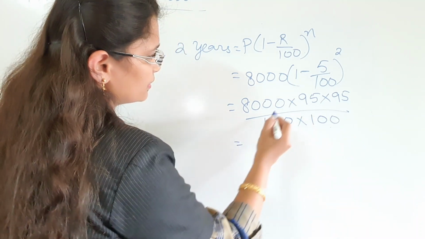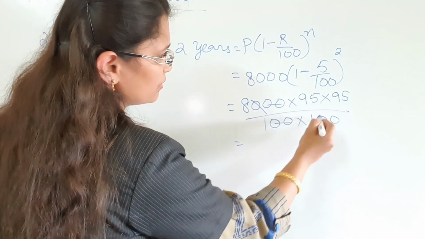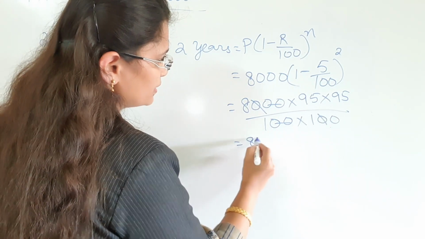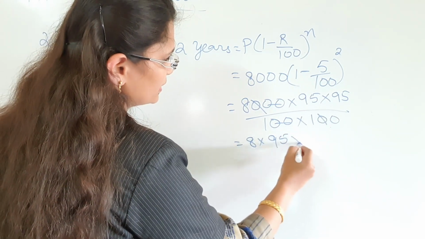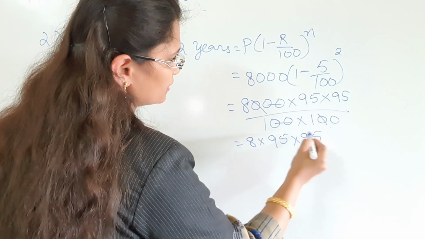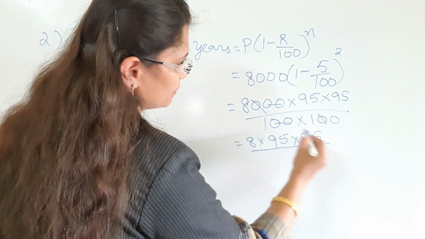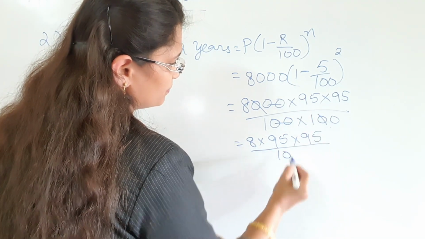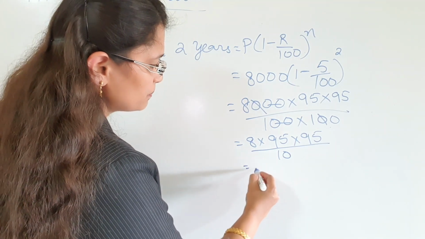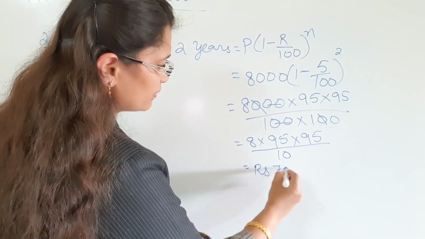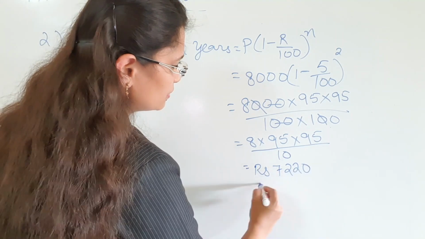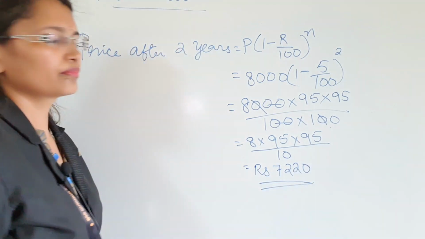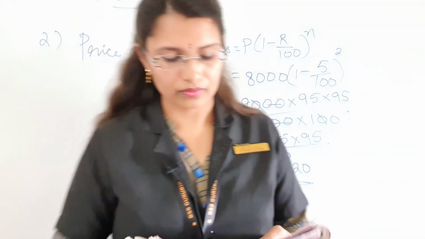Then cancel the zeros, 2 zeros cancel, this also cancels. So, 8 into 95 into 95 divided by 10 is equal to how many rupees, children? 7,220 rupees. Is this clear, children?